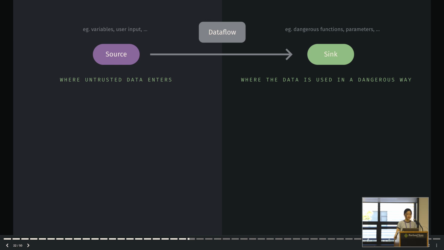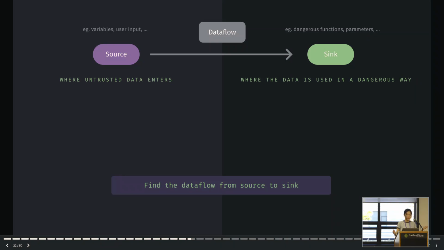A more important reason here is that CodeQL can track the data flow from a source to a sink in the code. You have heard me talking about data flow several times, so here I'm going to explain it a bit. The actual thing we want to catch here is not the keyword like RSA itself, but how the data flows in a dangerous way. A data flow usually consists of a source and a sink.